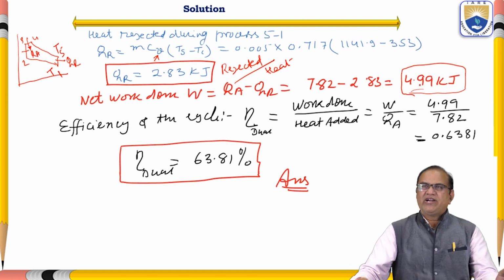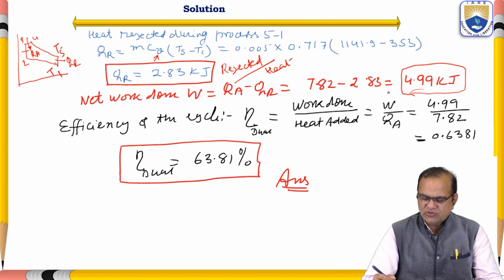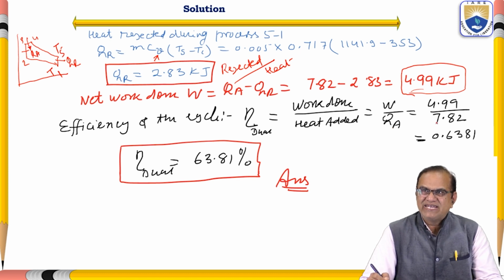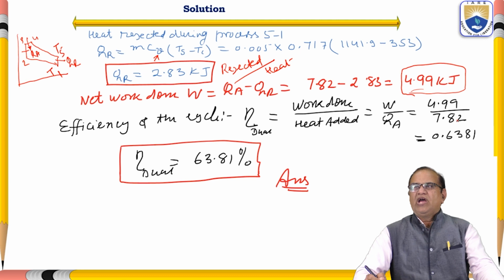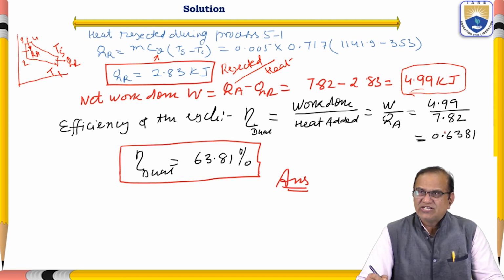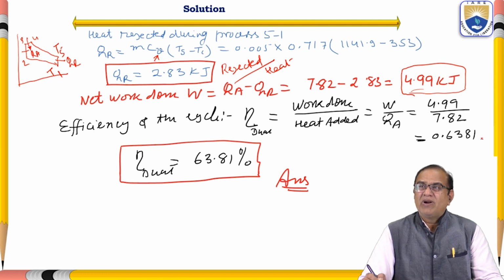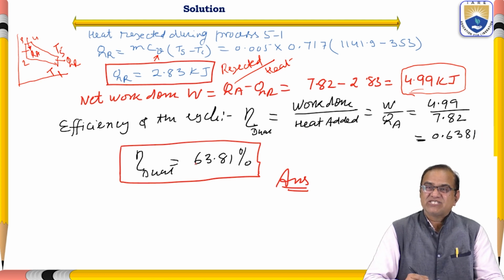So work done W is 4.99 kilojoule and heat added is 7.82 kilojoule. If you divide it, you will get 0.6381. Then you multiply it by 100, you will get it in percentage.